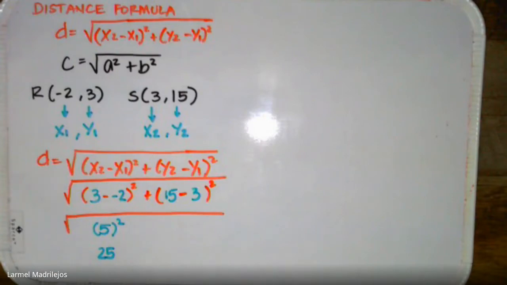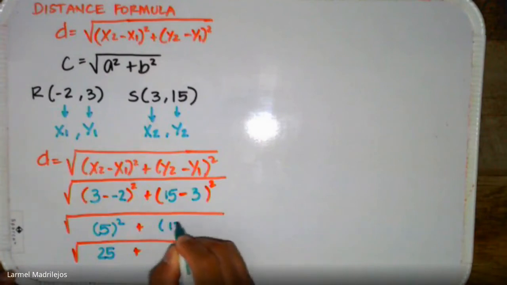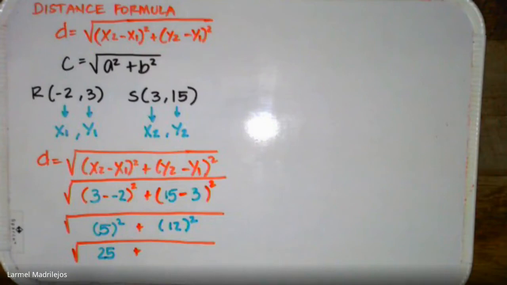We're done with x. Okay, let's do the y's here. 15 minus 3 is going to be 12. So now it's 12 times 12, which is 144.